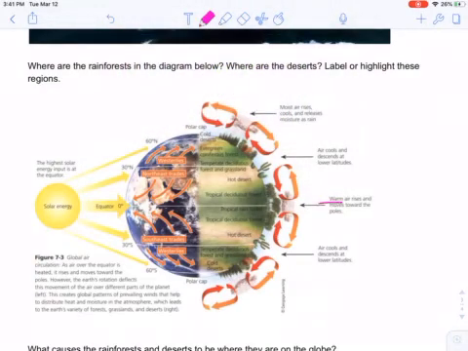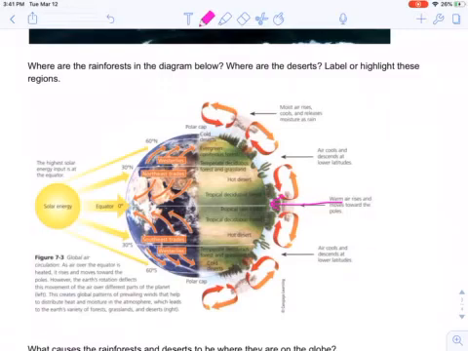So we already established that the equator is getting the most intense sunlight, at least on average throughout the year. The way the Earth is shown in this diagram, it does not have a tilt, but it's shown as just being perpendicular to the incoming sunlight.